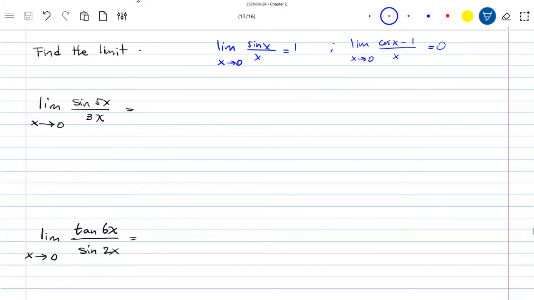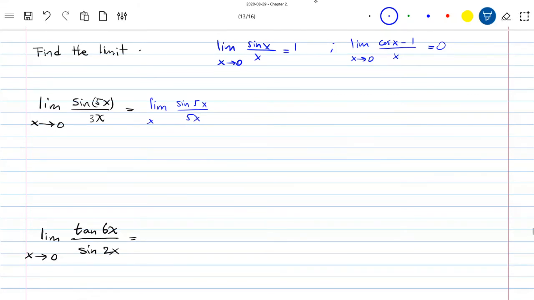So if you see one of these two, or any form of it, you can use these identities. For example, if you're given limit of sine 5x divided by 3x, and they ask you to calculate this limit, you cannot cancel out the x's. Don't do that. What you can do is use this identity and say, what if this was limit of sine 5x divided by 5x?